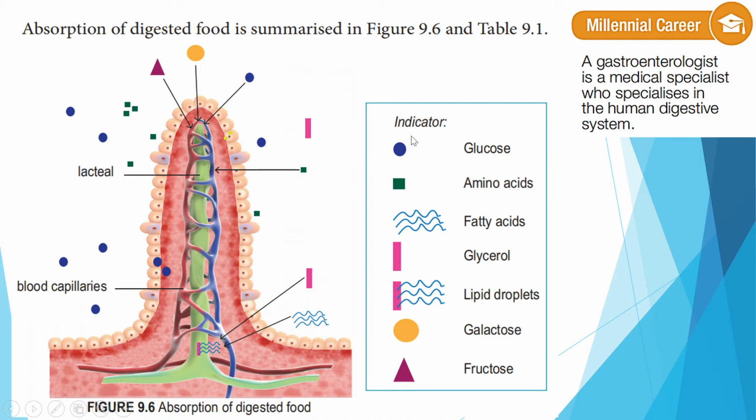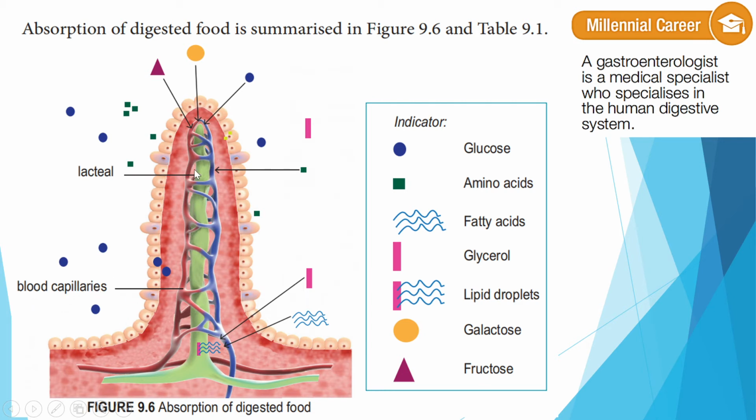You can see from the indicator, this is glucose, amino acids, also galactose and fructose. These are all simple sugars, the monosaccharides. So where are they going? They are going to the blue and the red ones, which means they will be absorbed into the blood capillaries.